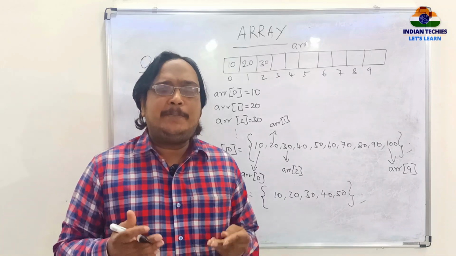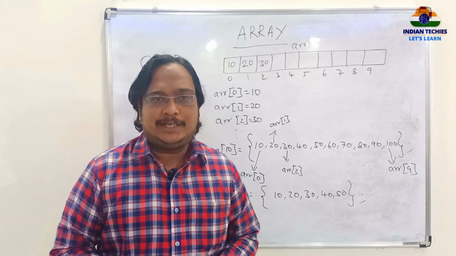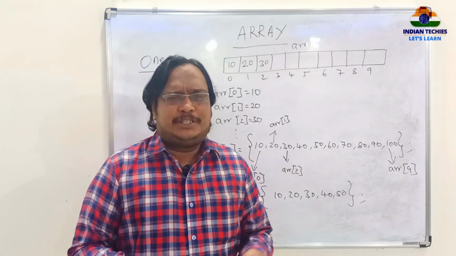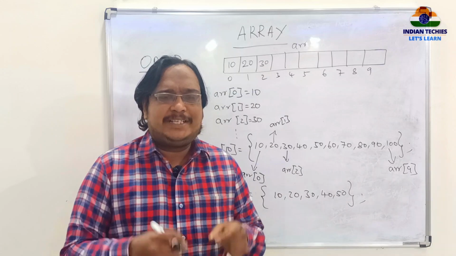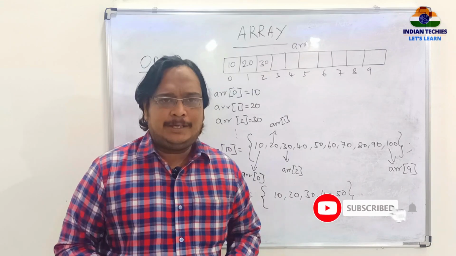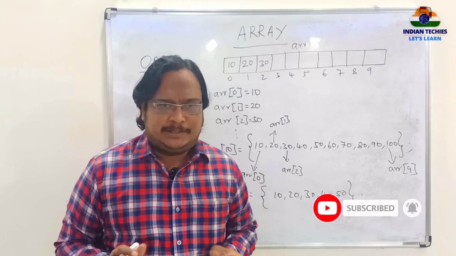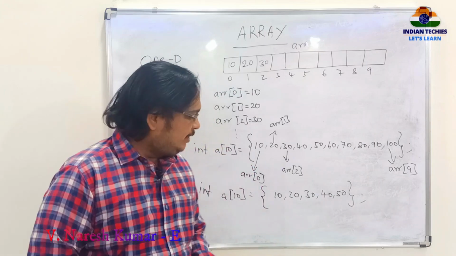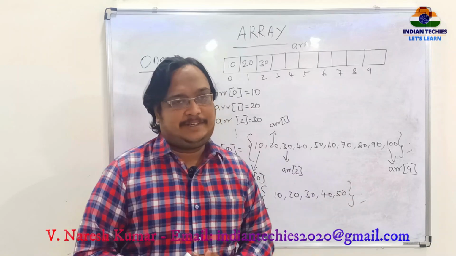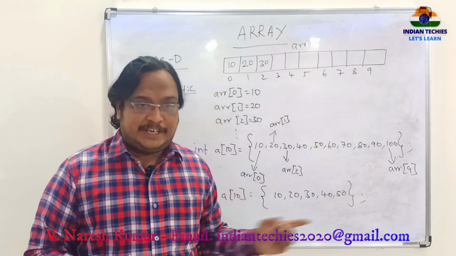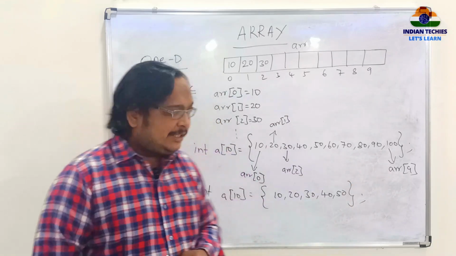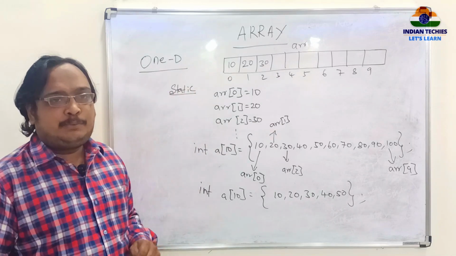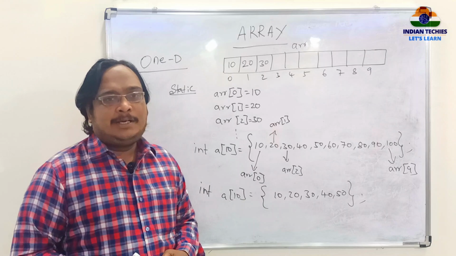Some random, unpredictable, unusable, waste value will be there by default in those remaining variables, that is a of 5 to a of 9. This is how you assign input at the time of program writing only.